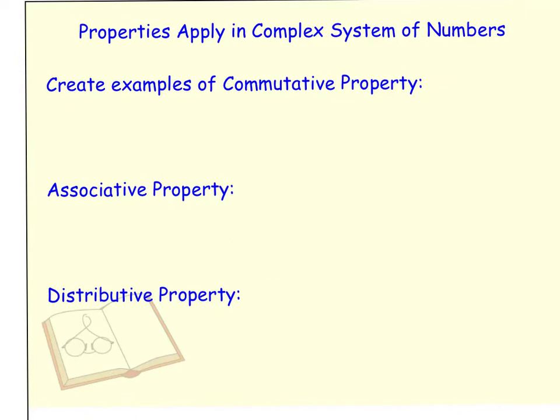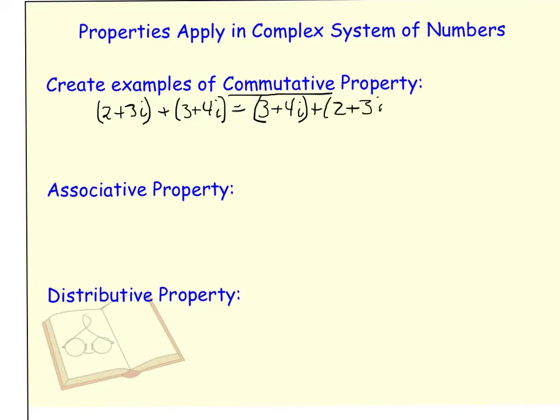Okay, today we're going to give you some examples of this. Let's talk first about the commutative property. Remember, this is the order doesn't matter. So I can say (2 + 3i) + (3 + 4i) should be equal to (3 + 4i) + (2 + 3i).